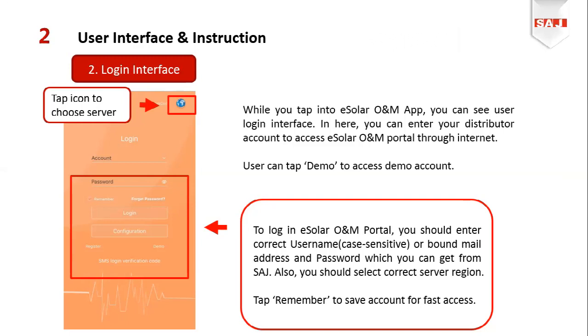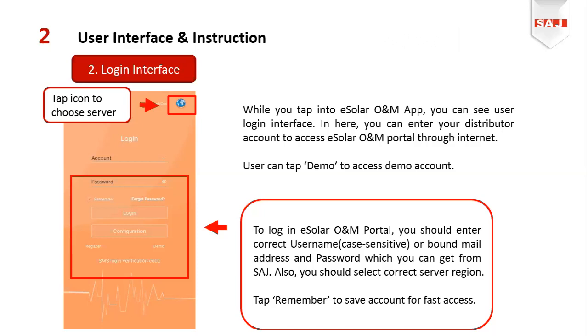To log in to the eSolar OM application, you should type in the correct username or email address and password, which you can get from SAJ. For instance, if you are a distributor who buys the SAJ inverter directly from SAJ, then SAJ will help you to create a distributor account.